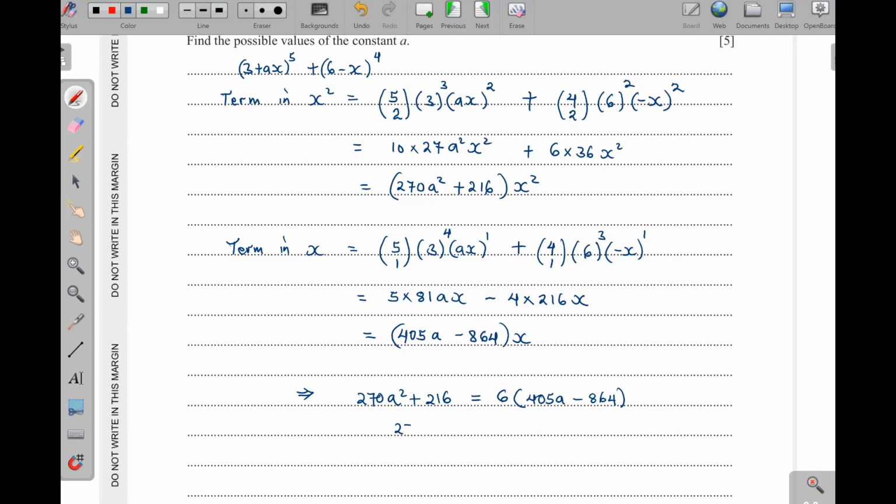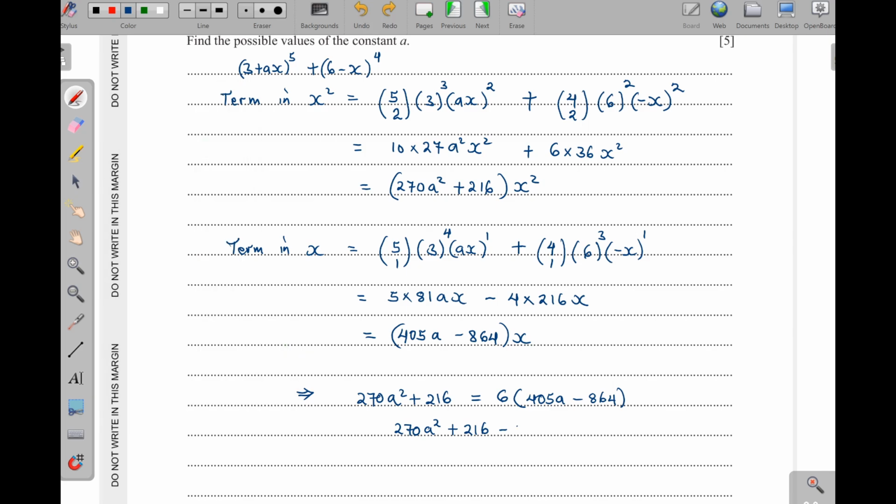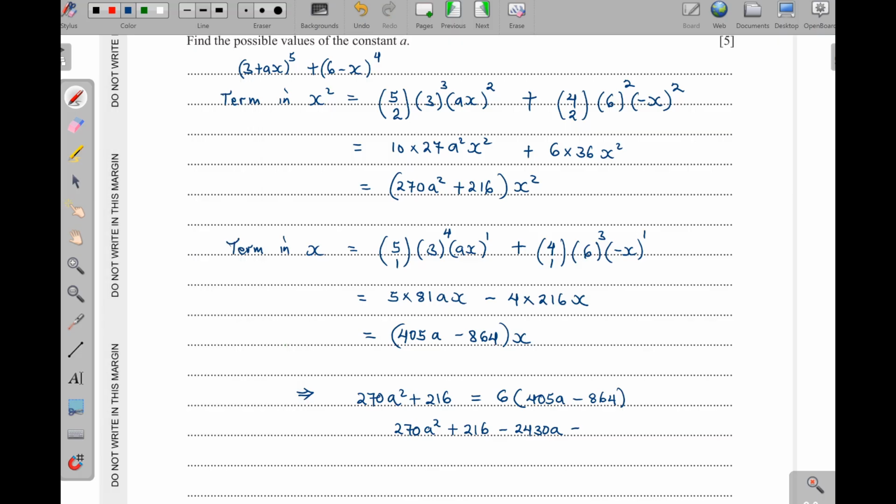So this is 270 a squared, then plus 216 minus this times 6, 6 times 405, that is 2430 of a, then 6 times this one here, 6 times 864, that is 5184. Now it's a negative. When it crosses the equal sign, it will be what? A positive.